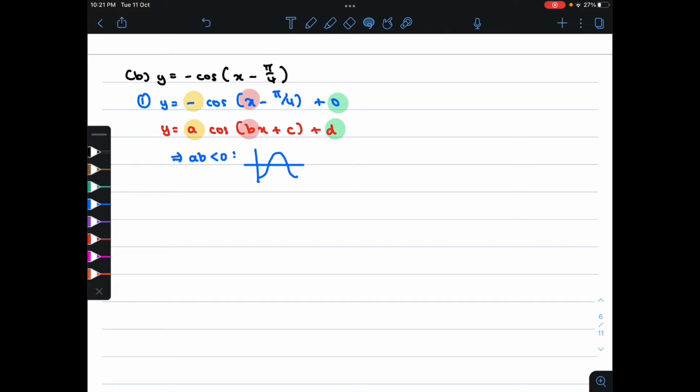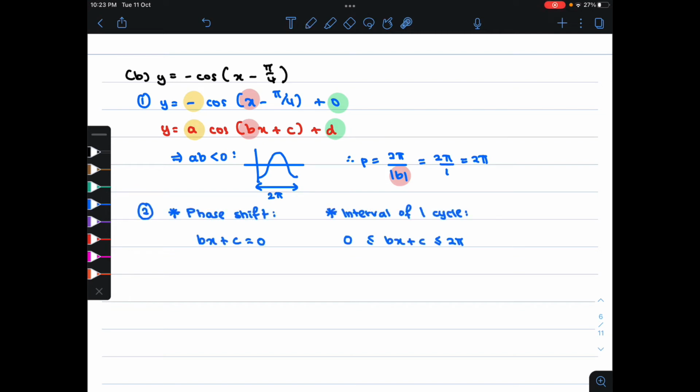So the shape will be a bell shape, and we need to find the period using the formula 2 pi over modulus B. And we know that B is positive 1. So if B is positive 1, therefore modulus B is 1. That means that one full cycle is 2 pi.